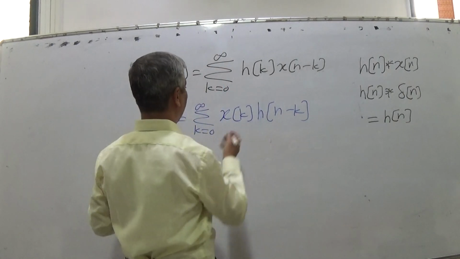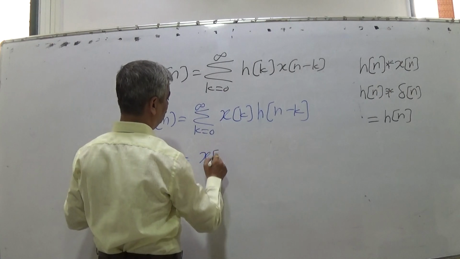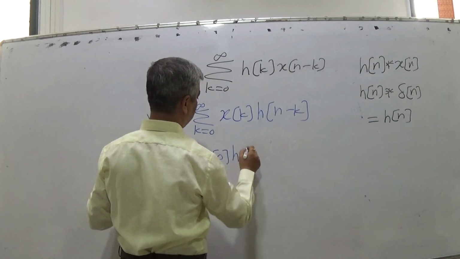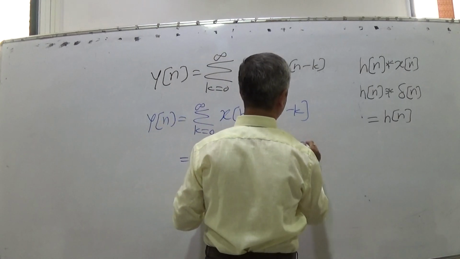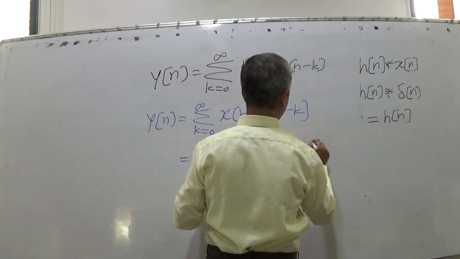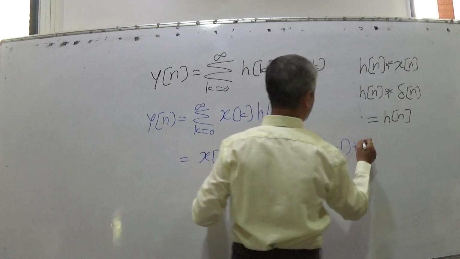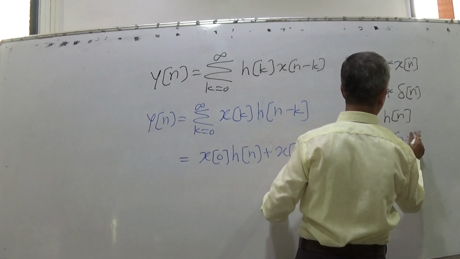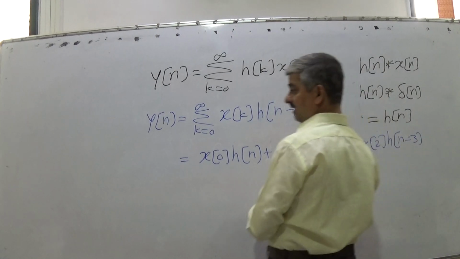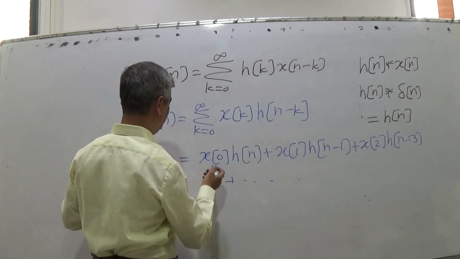And in this case, what we get, this summation I can write as x(0) h(n) plus x(1) h(n minus 1) plus x(2) h(n minus 2) plus so on.